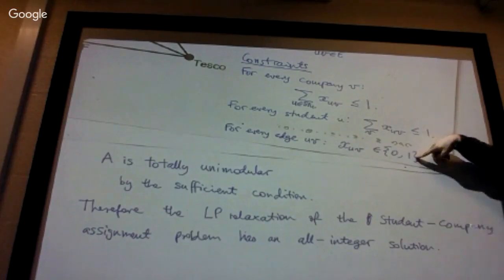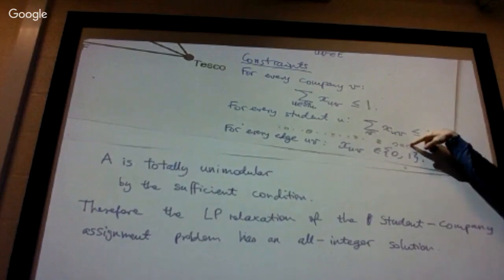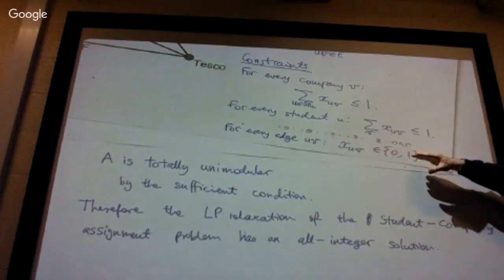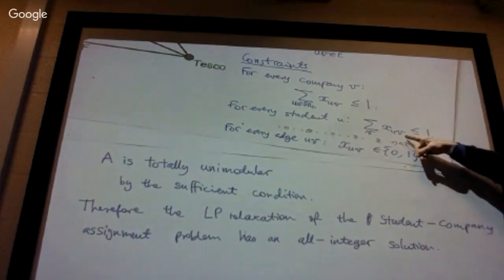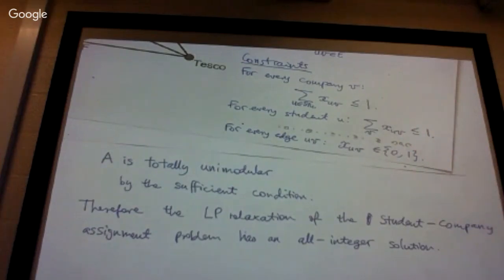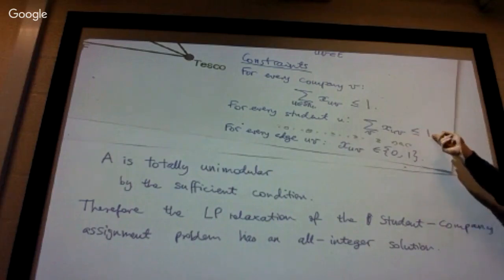But I don't really need less than or equal to 1, because if I just say x_uv is integer, it's the same thing. Every one of these decision variables appears somewhere in a constraint, so it can't be more than 1, because when you add other non-negative numbers to it, you could never get 2.